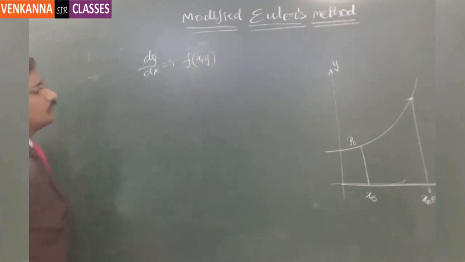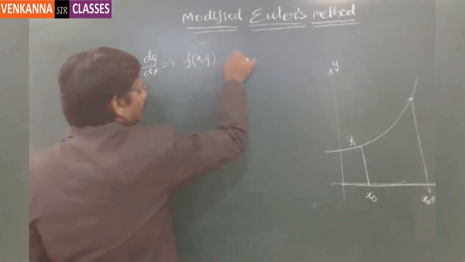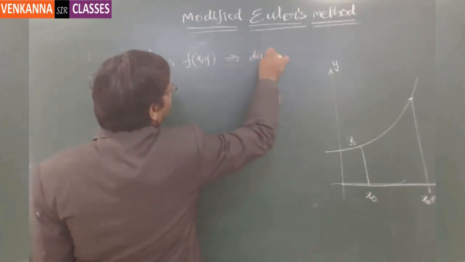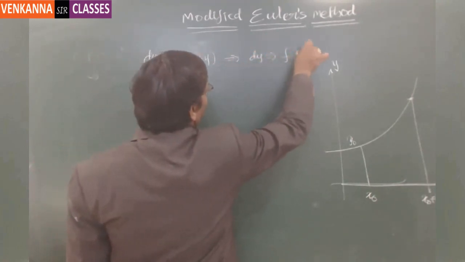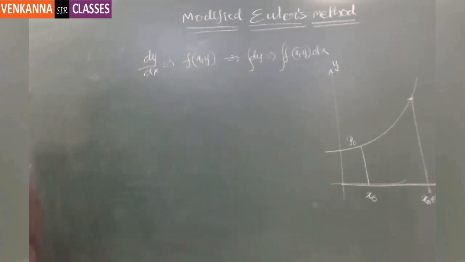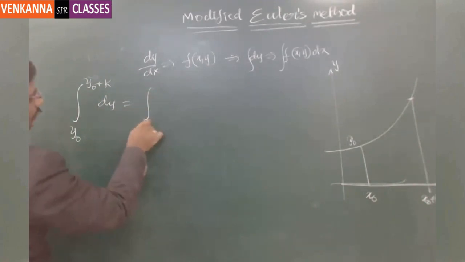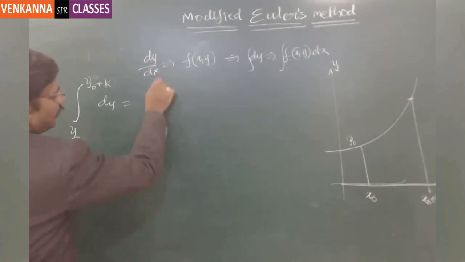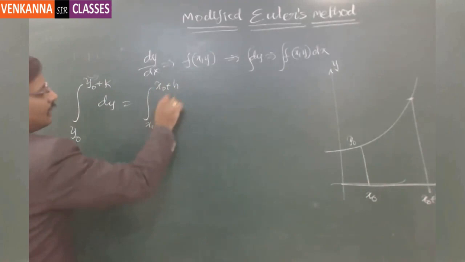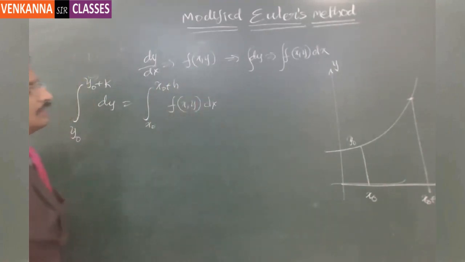As in normal integration, dy can be given as f of x comma y times dx. Now if you integrate on either side, the integral from y naught to y naught plus k of dy is equal to the integral from x naught to x naught plus h of f of x comma y dx.